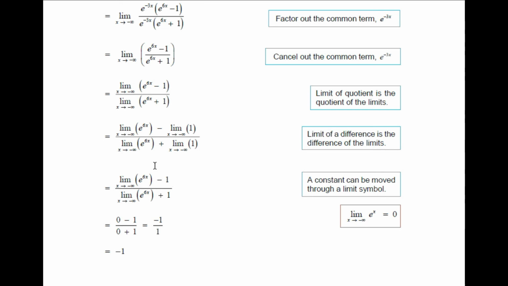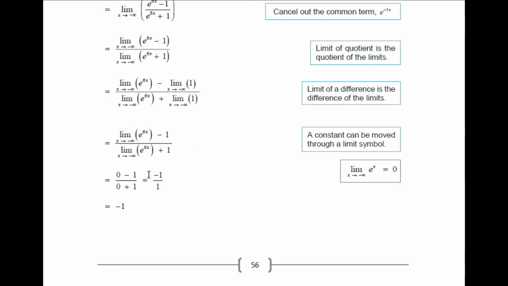And then a constant can be moved through a limit symbol. So we can get limit e power of 6x as x approaches negative infinity minus 1 over limit e power of 6x as x approaches negative infinity plus 1. And then we got the final answer is equal to negative 1. So this is the answer for this part.